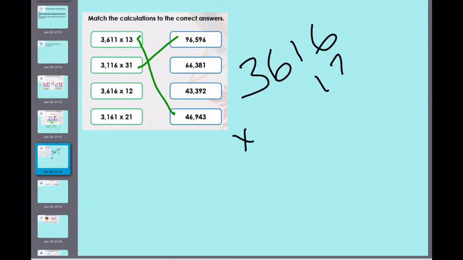So I've carried the 1, 3 add 1 is 4. So 43,392. I don't need to work the last one out because of course there's only one left. But I am going to work it out just in case you have, so that you can check your answers.